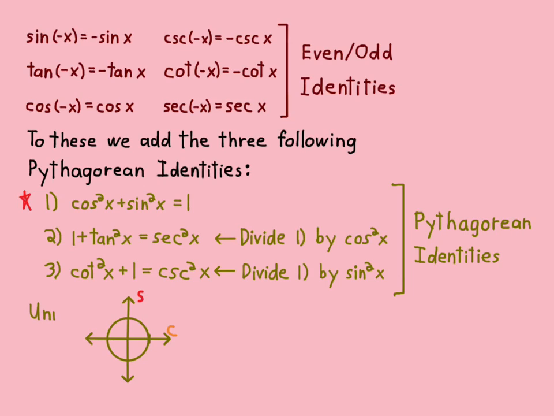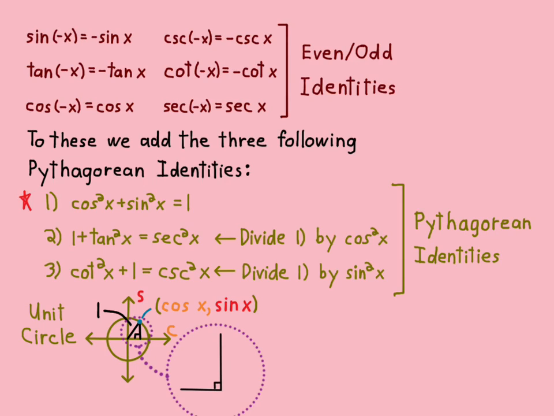So I started with the most important one, which is cosine squared x plus sine squared x. Okay, so here's your unit circle, and I think I'm just explaining why it's true. Right? On the unit circle, that point on the circle is actually cosine x, sine x. And so I just blew it up there.